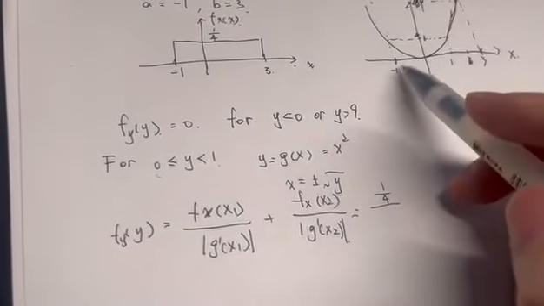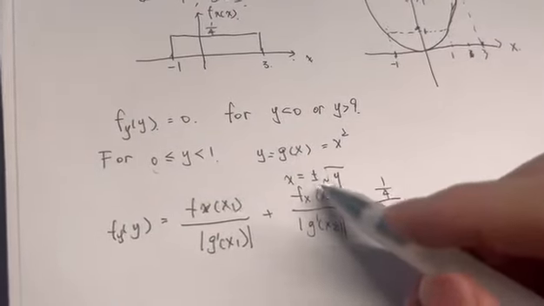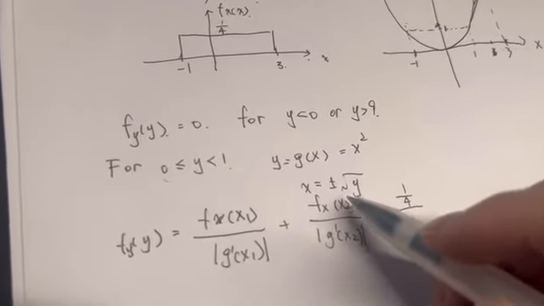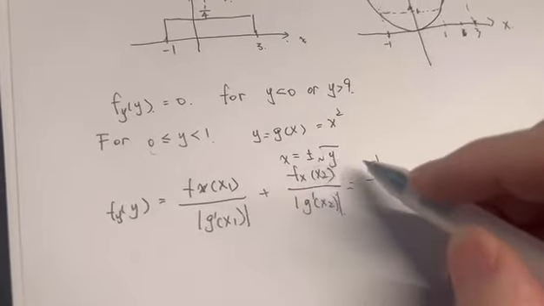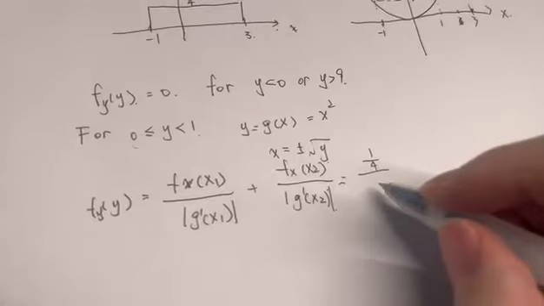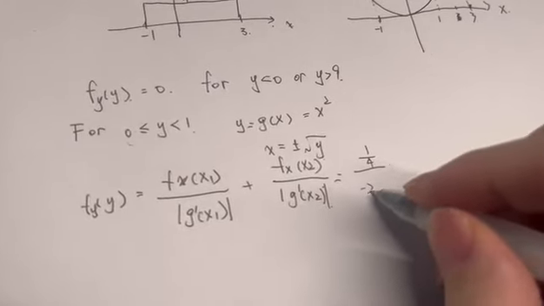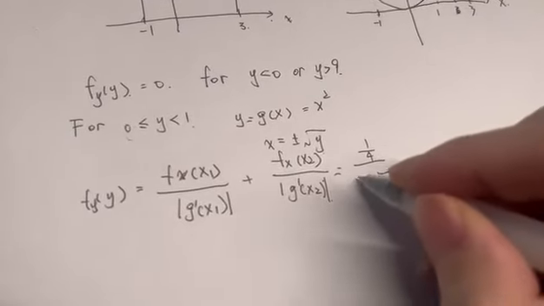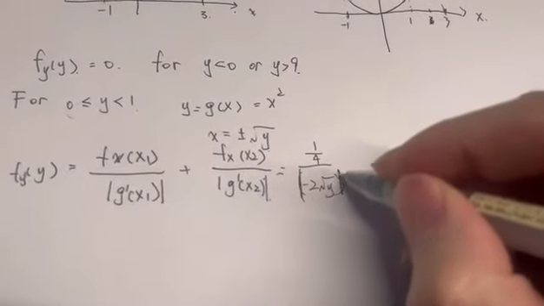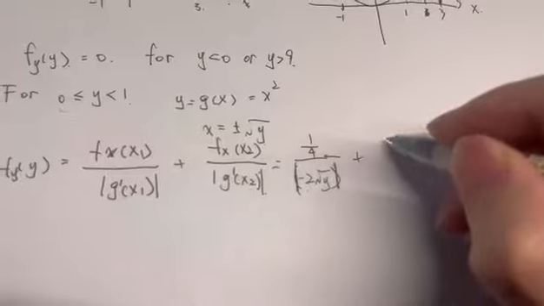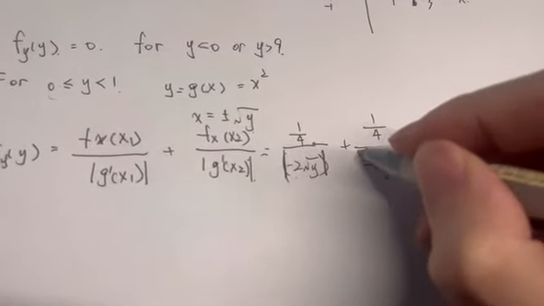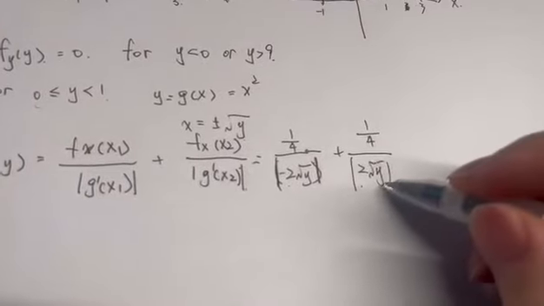For x1, the left root, the first root is negative square root of Y. So take the derivative of this, and take the absolute value, and plus the same for the right root. The right root value is right here.